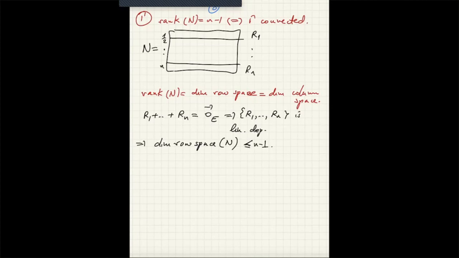Now, how do we prove it? What I want to prove is the implication that if gamma is connected, then the rank is n minus 1.